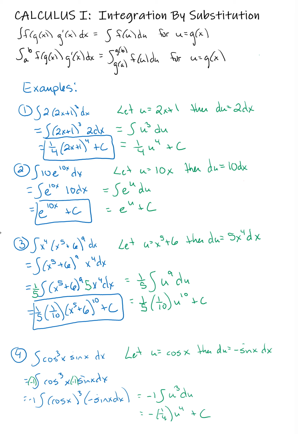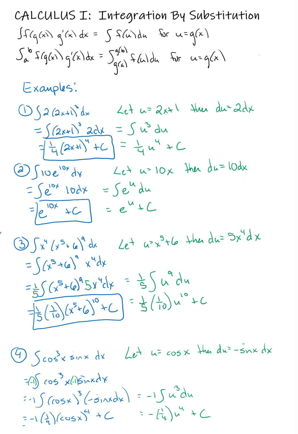And of course, plus c. So now, if we are looking at this in terms of our x's, still have that negative 1 out there. And then we have the 1/4 times u to the fourth. Remember, u here is cosine. Raise cosine of x to the fourth, plus c.